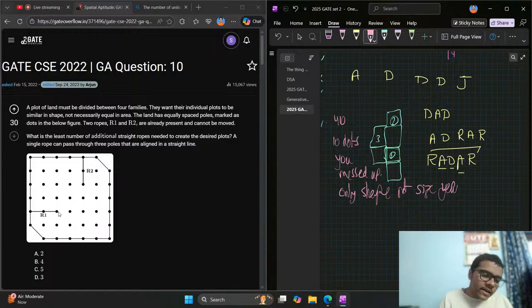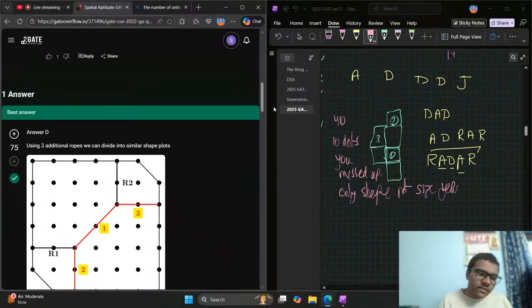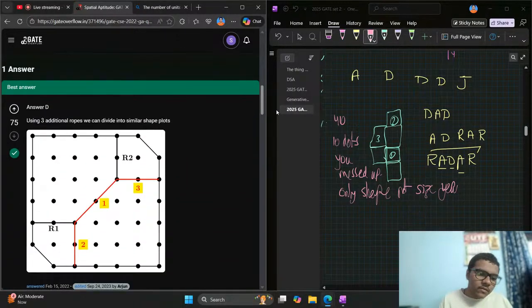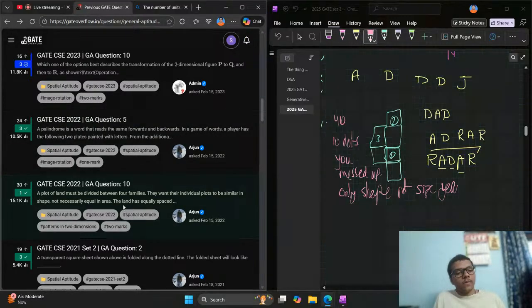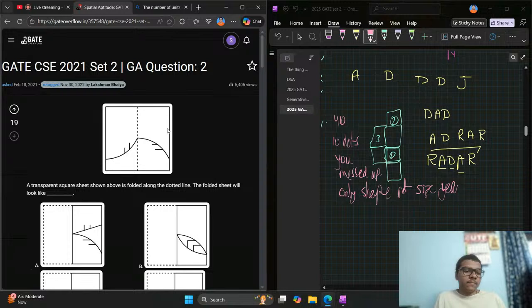And if you connect it like this it will have an edge as well. So two ropes are needed, that's it. Okay, this will give land 1 and this will give land 2. Oh yeah.